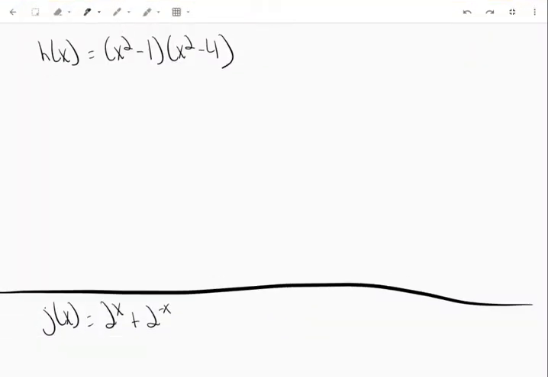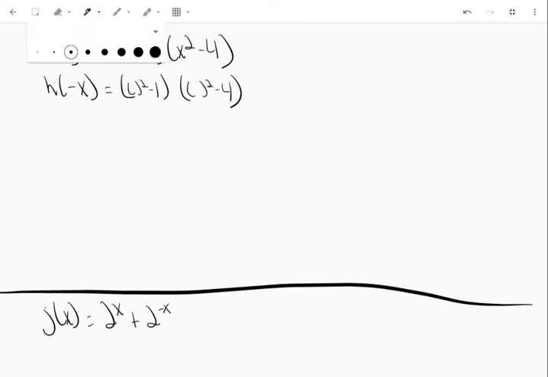I rewrote them so I would have a little more room. So we're first going to double check h of x against h of negative x. So remember, h of negative x means to replace x with negative x and then simplify. And remember, negative x is really negative 1x.